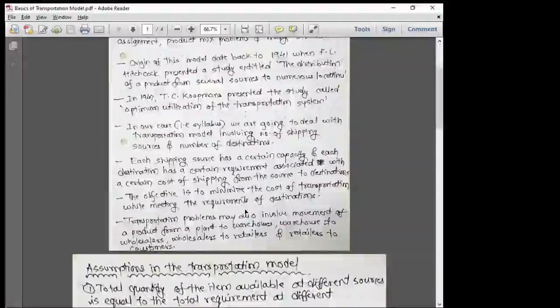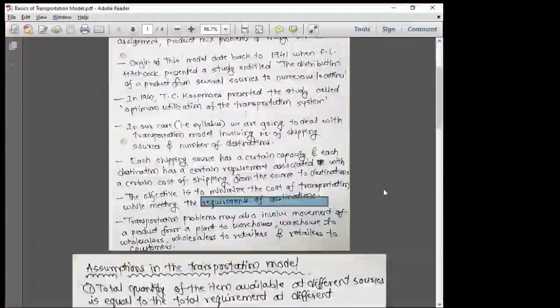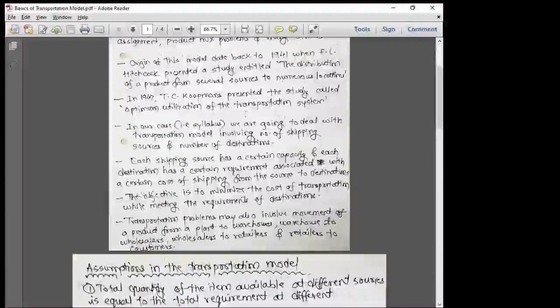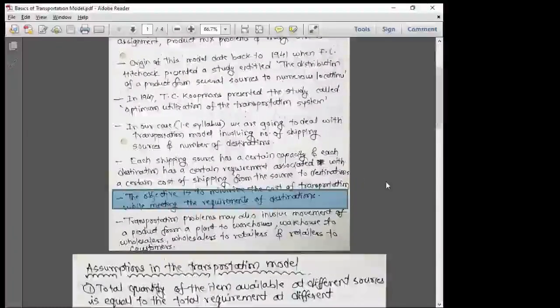Not only the destination, we have to meet the requirements of the source as well. Please understand this and keep in mind, the objective is to minimize the cost of transportation while considering the constraints at the source end as well as the destination end.